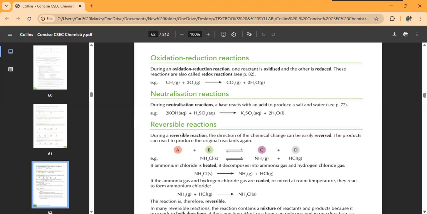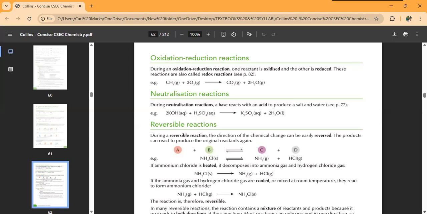When one reactant is oxidized and the other is reduced. Now, these reactions are also called what? Redox reactions, when you have both happening, oxidation and reduction. Now, there's another chapter entirely with this. I'm going to leave it for then. This is just a brief introduction.